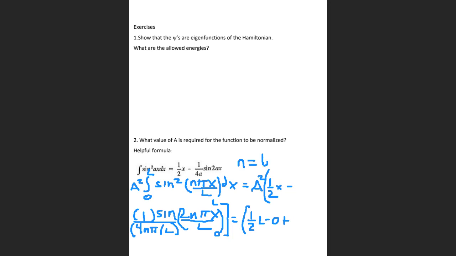No matter what value of n you plug in, you get something like sine 2 pi, sine 4 pi, sine of some even number of pi, and you know that's a 0. Likewise, if you plug x equals 0 into the second term, that's also a 0.